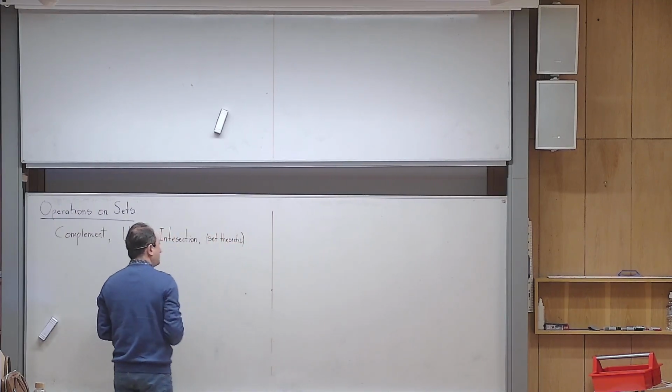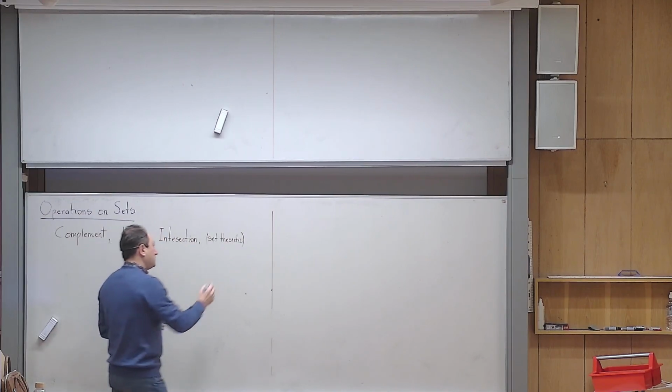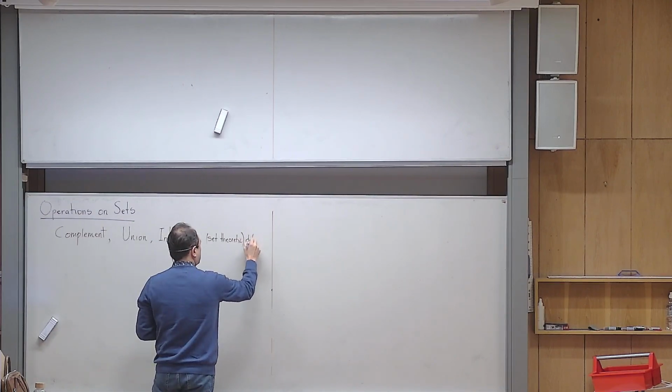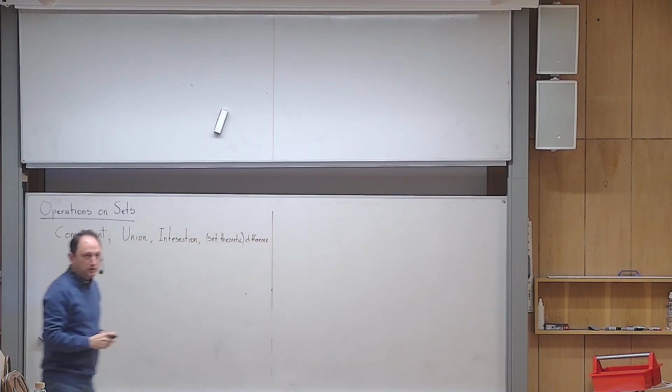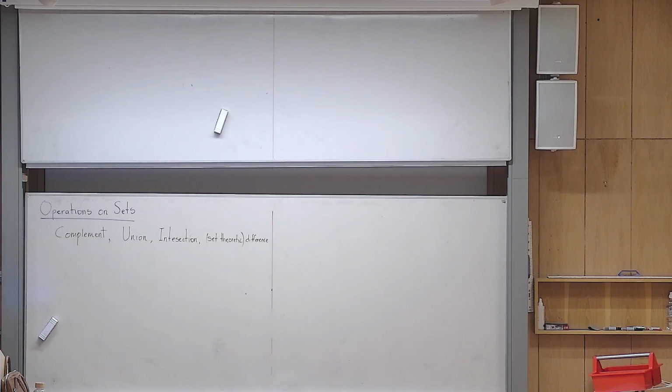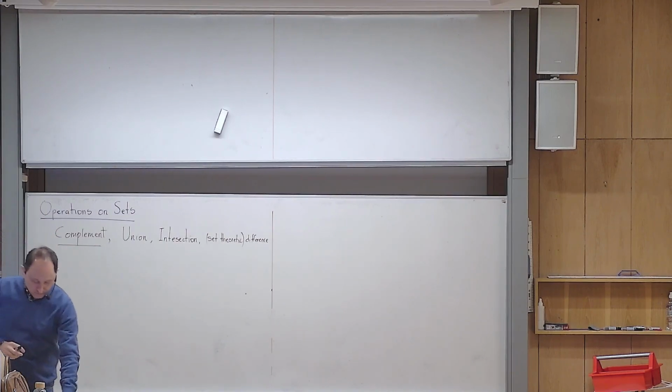Usually we don't say set theoretic, we just say difference. So these are the operations that we want to talk about today. So let us start with number 1, the complement of a set. I will just define it for you here.